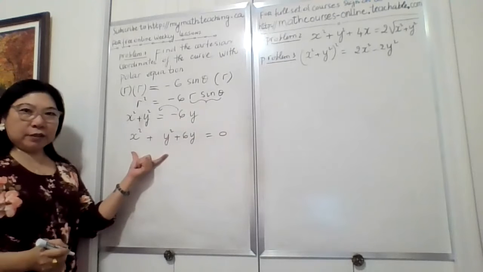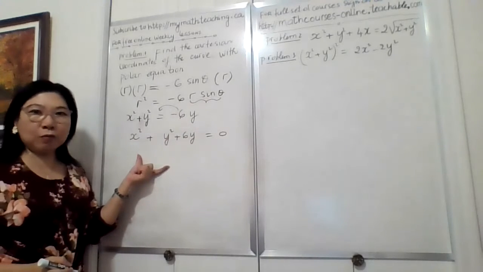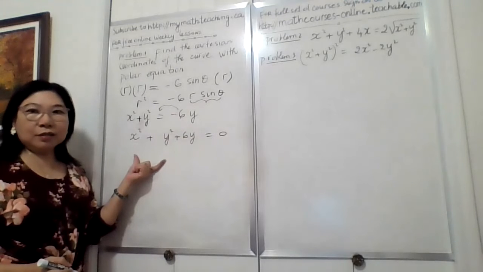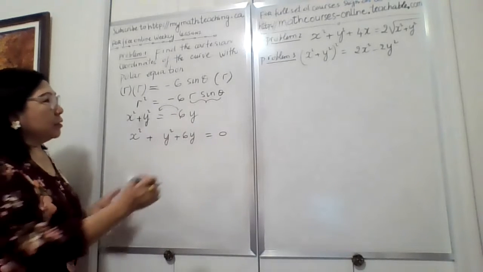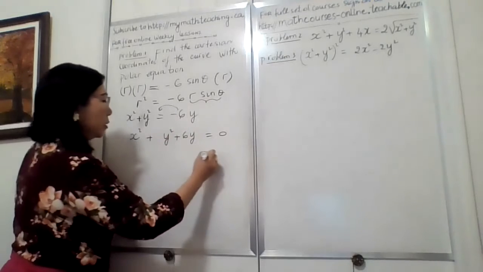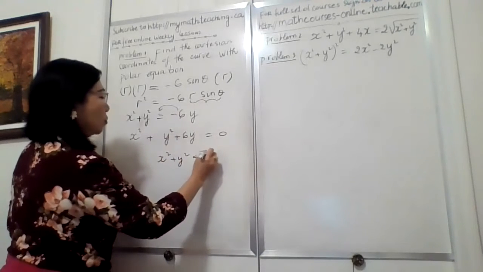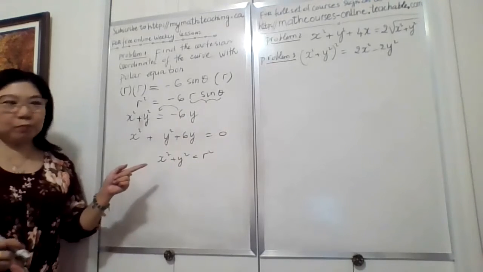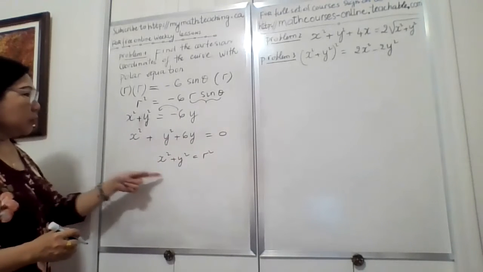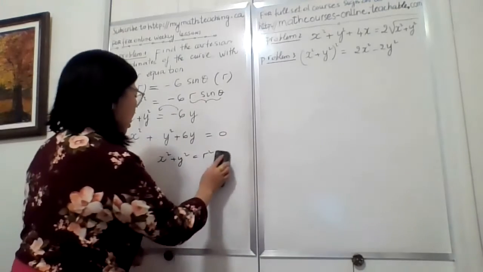Now at this point, I want to get it to the equation of a circle, right? Everybody remembers the equation of a circle is x squared plus y squared equals r squared. So from here, I'm going to give this a try as an equation of a circle.